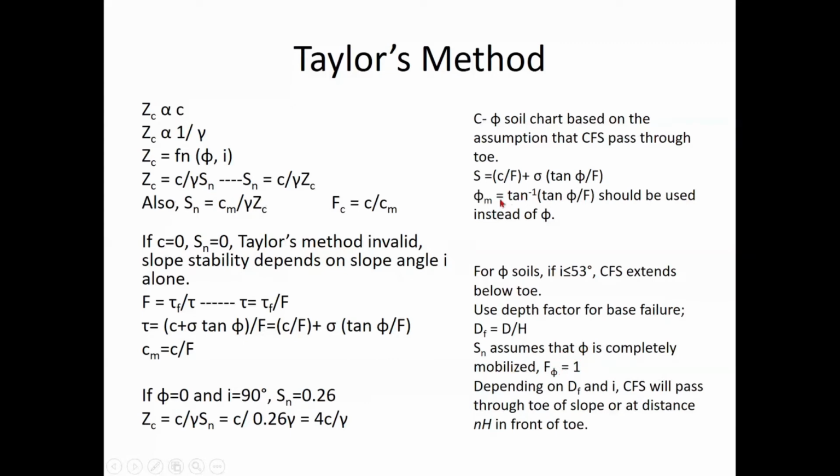So the f phi that I explained earlier is going to be equal to 1, because phi is equal to phi m. So f phi is equal to phi m by phi, which is equal to 1. Depending upon that depth factor and slope, the critical failure surface will pass through the toe of the slope or at a distance nh in front of the toe, as I showed you in that figure.